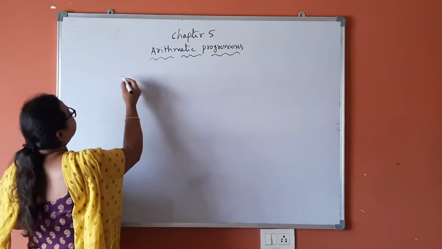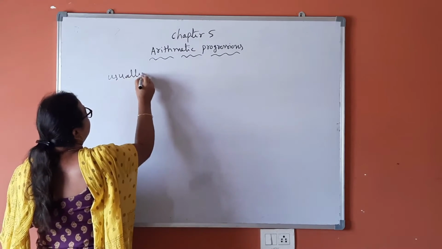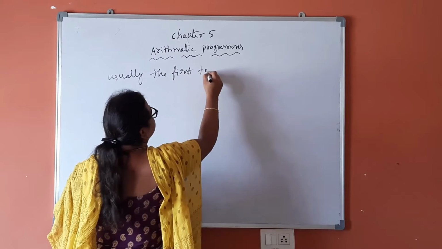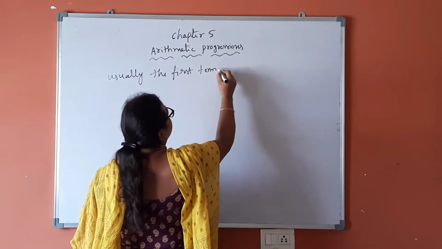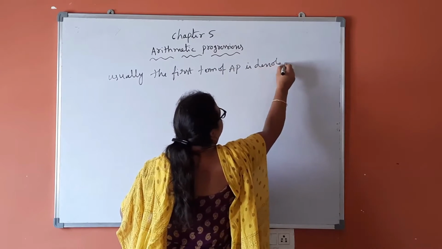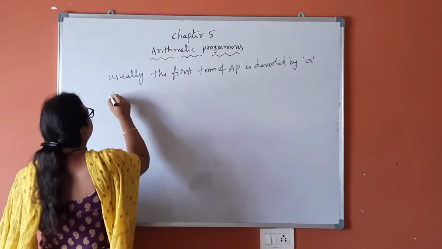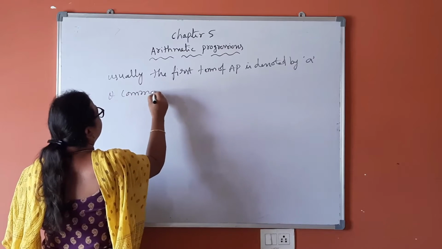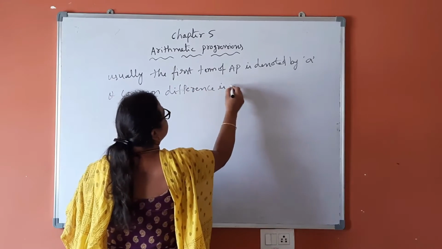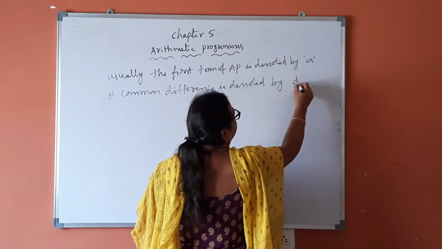Usually the first term of AP is denoted by a and common difference is denoted by d.